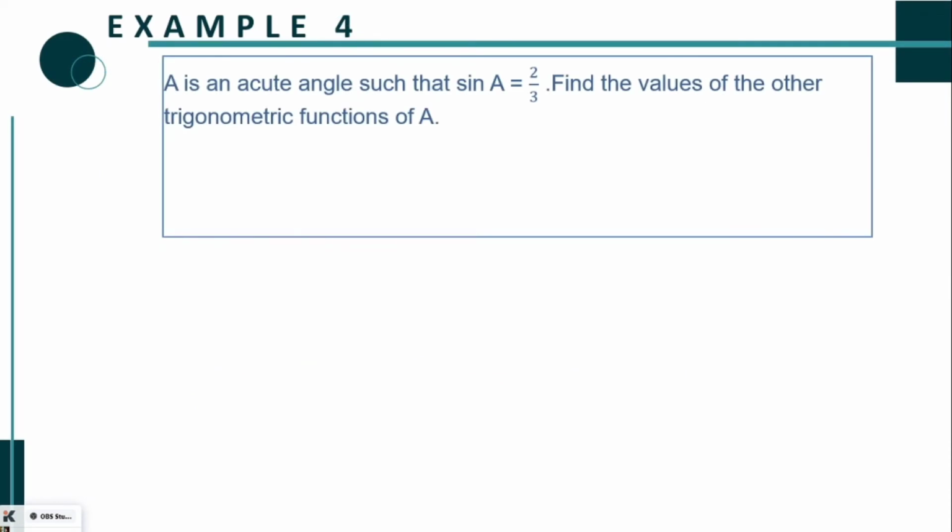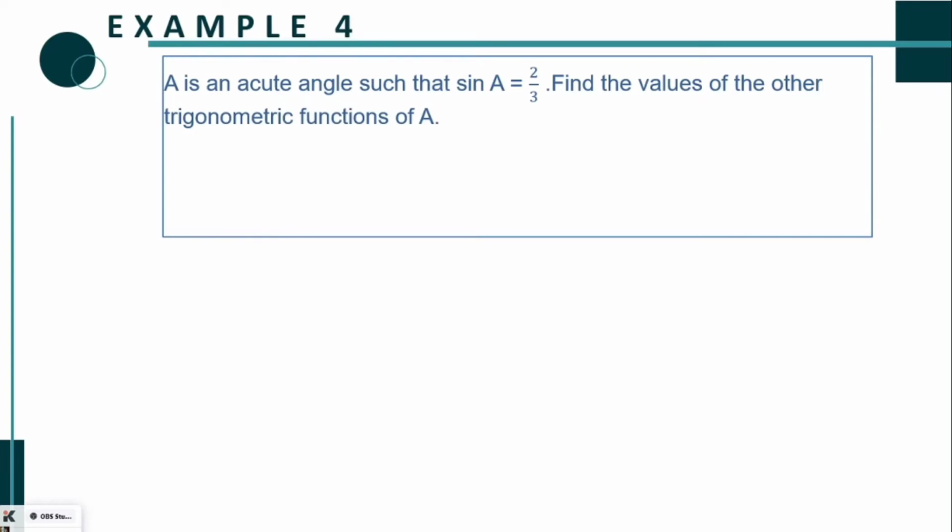Now let's proceed to example number 4. We have A, an acute angle such that sine A is equal to 2 over 3. Then we should look for the values of the other trigonometric functions of A. So in here, what is given is sine A, which is equal to 2 over 3. And we know that sine is equal to opposite over the hypotenuse, or the opposite side of angle A over the hypotenuse of the triangle.